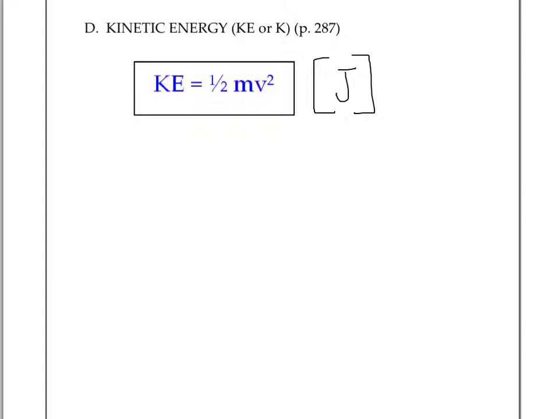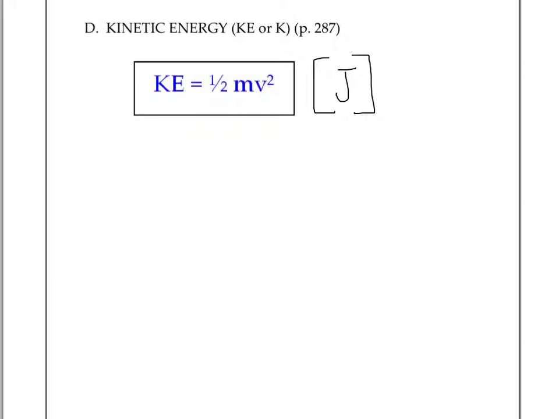Do you think kinetic energy can be negative? We're going to go with no. And we'll break that into steps. The 1/2 part doesn't matter. Can mass ever be negative? No, so you cannot have negative mass. The V stands for velocity. Can velocity be negative?